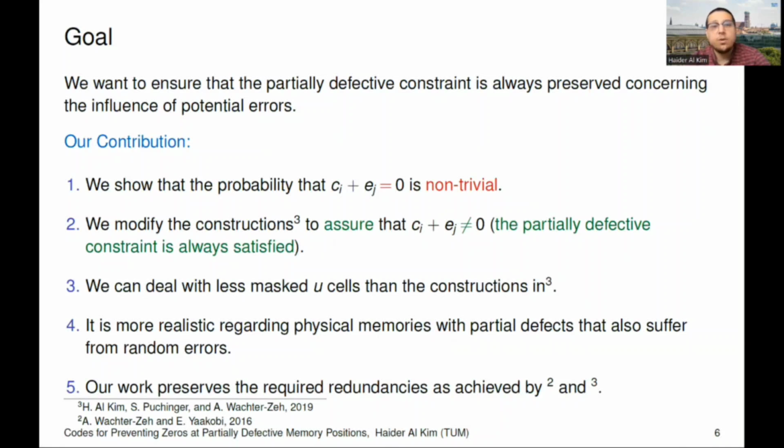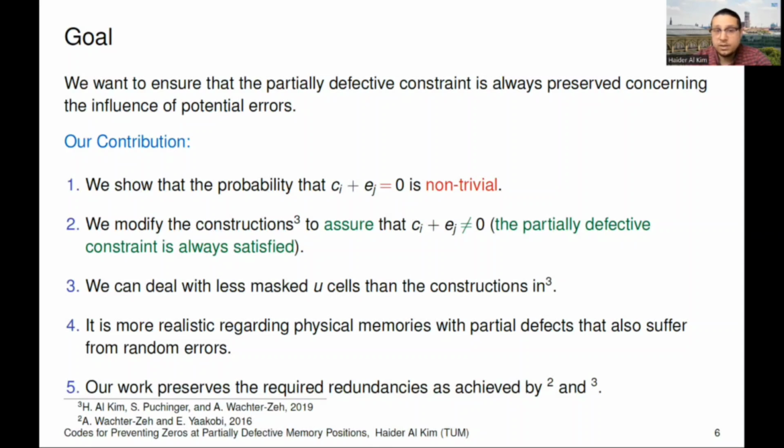Our goal is to ensure that the partially defective constraints are always preserved despite the influence of potential errors. In this paper, our contribution is that we show the probability that c_i plus e_j equals 0 is not trivial, so we cannot just avoid it or assume it's always not the case. Then we modify the construction in 3 to ensure that c_i plus e_j is not 0, so we fulfill the constraint.